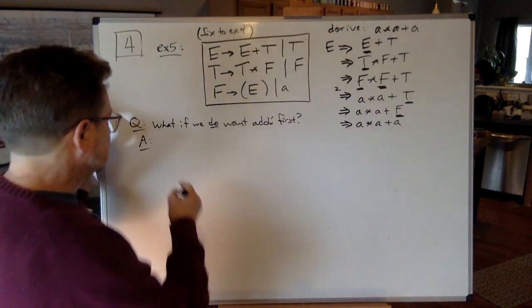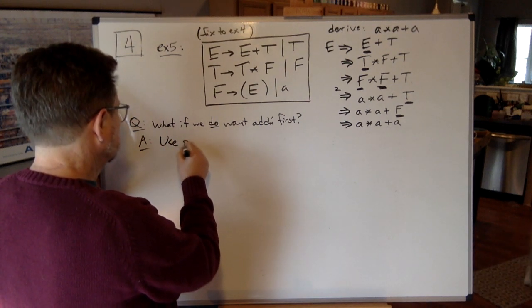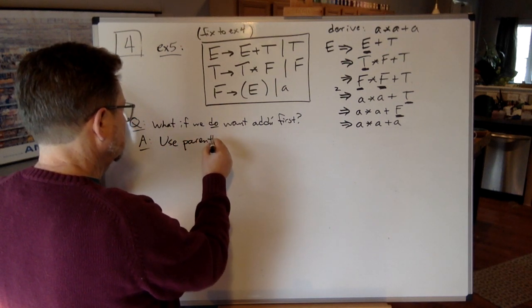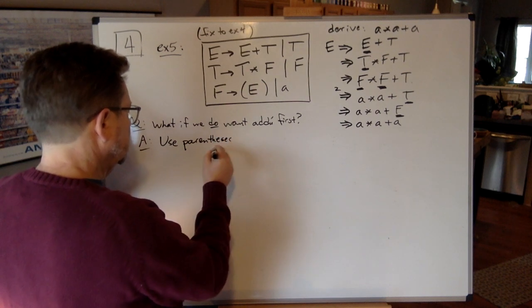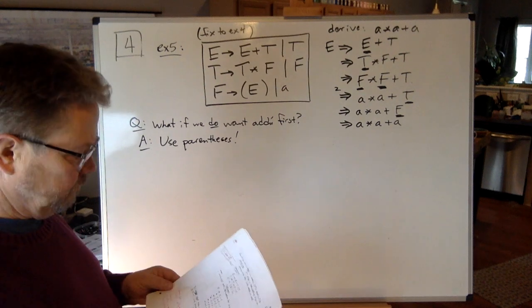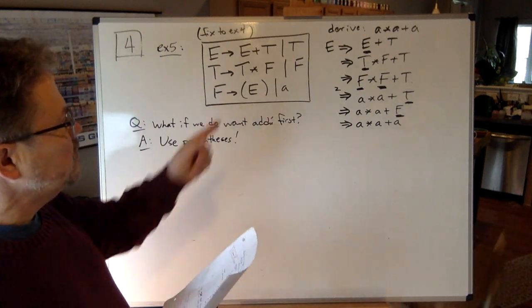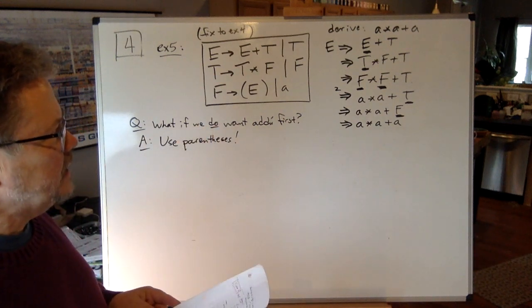Use parentheses. Duh. Billie Eilish reference. Parentheses, exclamation point, to cover up the possible misspelling. Use parentheses. So somehow or another, I've got to crank out some parentheses around that a plus a.